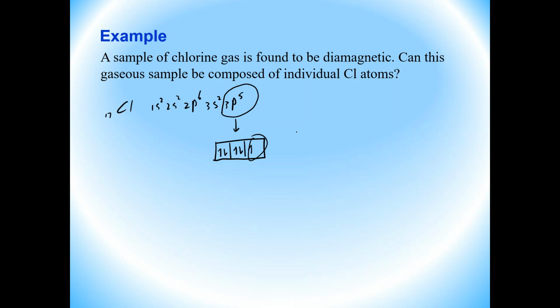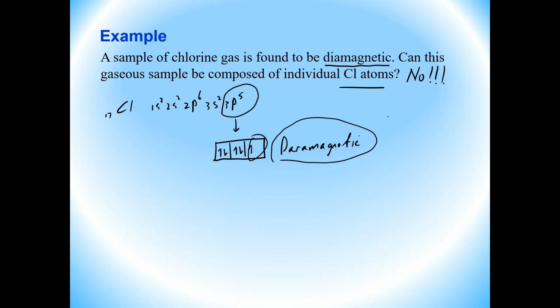What that tells us is that chlorine atoms are paramagnetic, which means that gaseous chlorine is not made up of chlorine atoms. So the answer to this question is simply no, right? Because chlorine atoms are paramagnetic, but the chlorine sample that they're talking about here is diamagnetic.